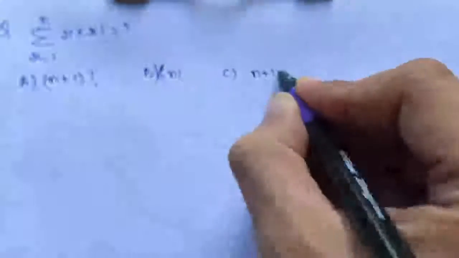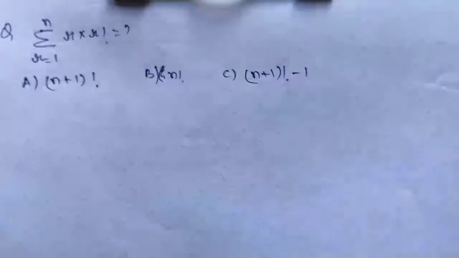So moving forward, the question is: summation r is equal to 1 to n of r into r factorial is equal to, there are 4 options: a, (n plus 1) factorial; b, n factorial; c, (n plus 1) factorial minus 1; d, none of these.